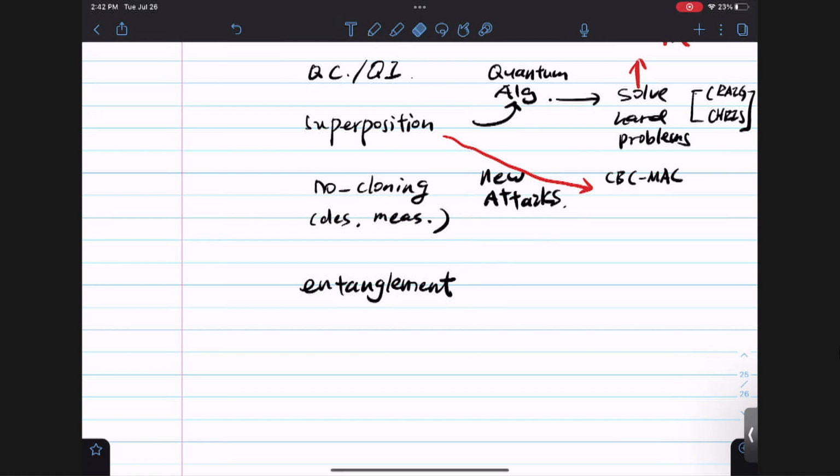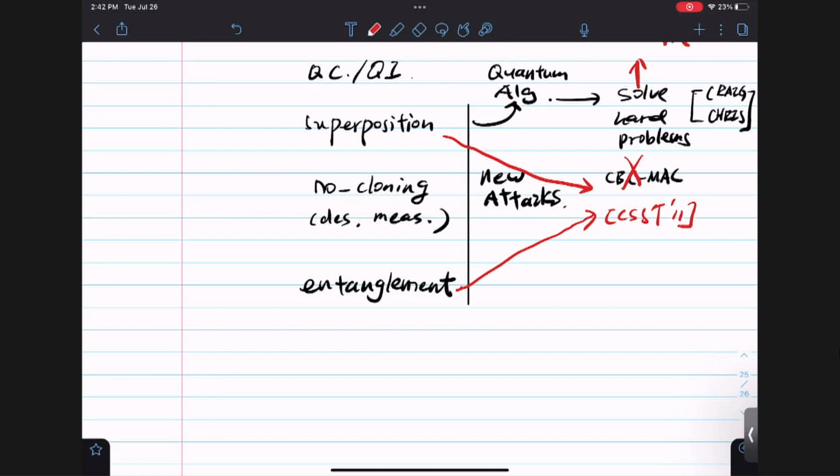And in a paper in 2011, they showed that entanglement can also be used to break some multi-prover or multi-sender commitment schemes.